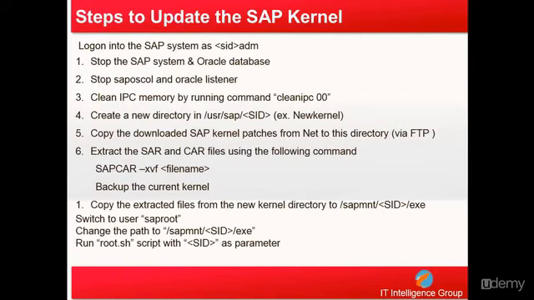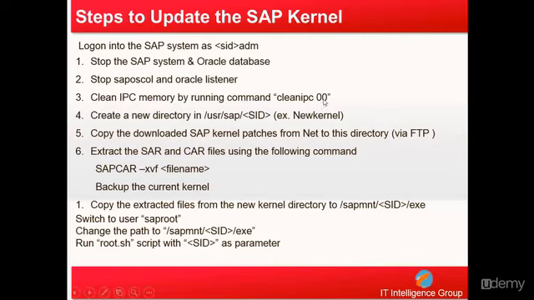Next I'm showing you the steps. This is for a Unix system, but a Windows system is exactly the same; only the folder names change. First, log in as the cdadm user, stop SAP, stop Oracle, stop the OS collectors, stop the Oracle listener, and clean IPC with the system number.